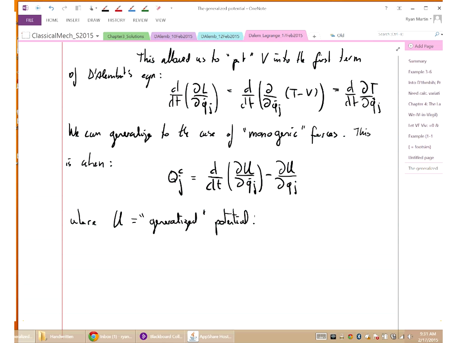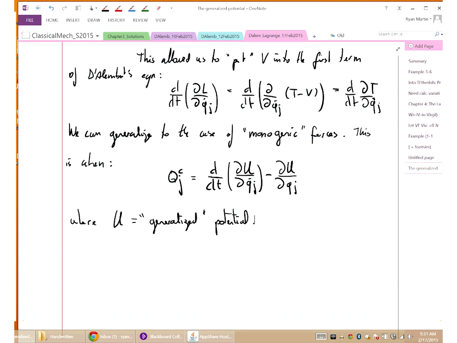Of course, what I've really done is just rewritten the property of whatever we call a monogenic force, in a form where I can very generally put that into the first term of D'Alembert's equation. Such a force that's given by this is called a monogenic force.